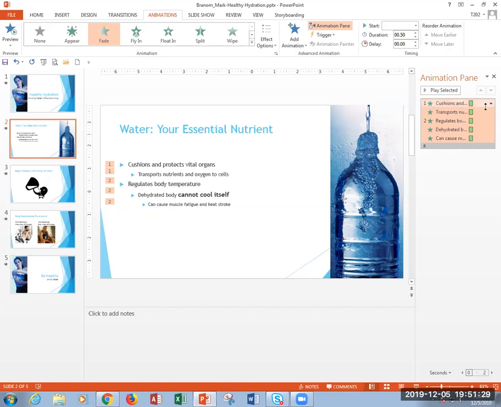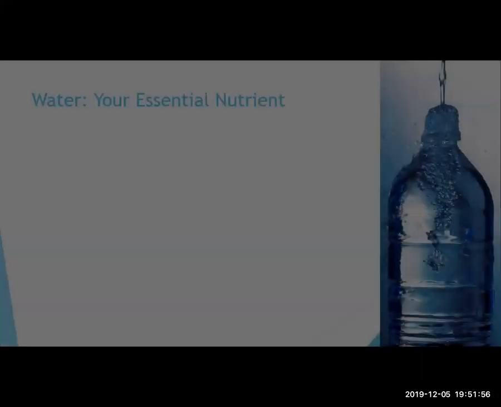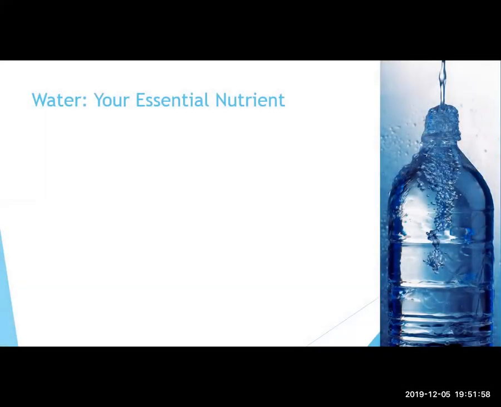So to change this, I'm going to click on this drop-down menu and choose Start on Click. What that's going to do is, instead of these two being together and these three being together, it's going to be this one, and then this one, and then this one, and then this one, and then this one. So when I give my presentation, when I'm in slideshow view, it starts off with nothing.